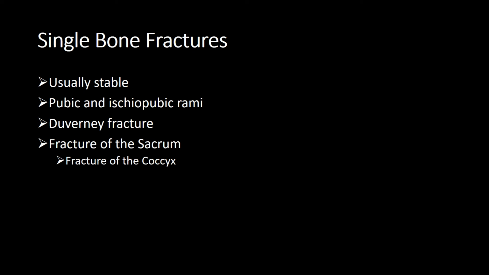You can get fractures of the coccyx, but we don't image the coccyx for a very specific reason. There's a wide range of different types of appearances of the coccyx which are normal, including some that are really significantly angulated.